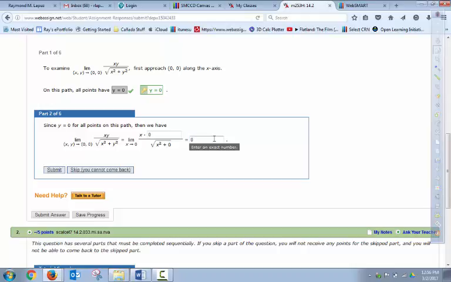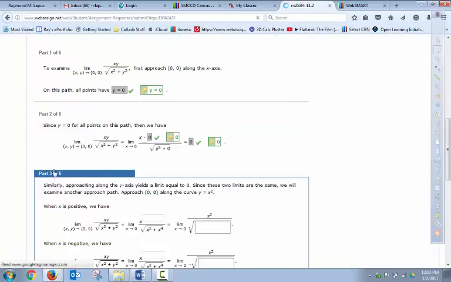This is where the limit ideas from Calc 1 become a little bit important: you have to know when you're still in the limit form and when you're actually taking the limit. For me, I probably would have inserted another step to say the limit as x approaches 0 of 0 is equal to 0. But here they just ask you to put 0 in, and then we get 0.